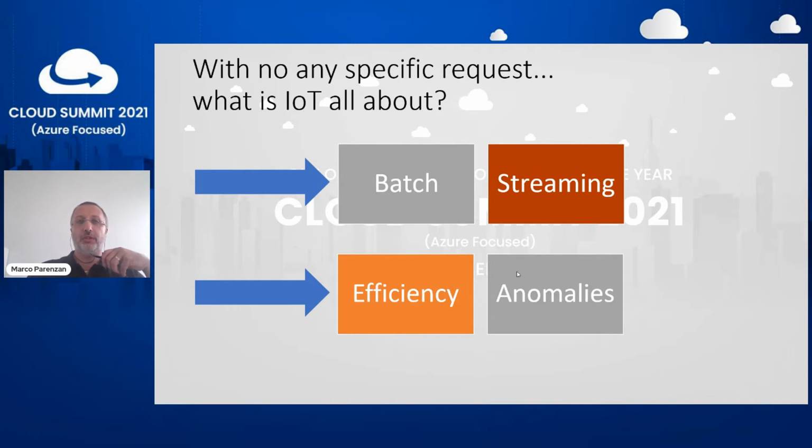What can you do with that batch data? You can calculate efficiency, whether you are consuming energy correctly, or the distribution of energy consumption, for example. And this is typically a BI, a business intelligence topic, in which you present a report with your graph and you see the trend. But what about anomalies?